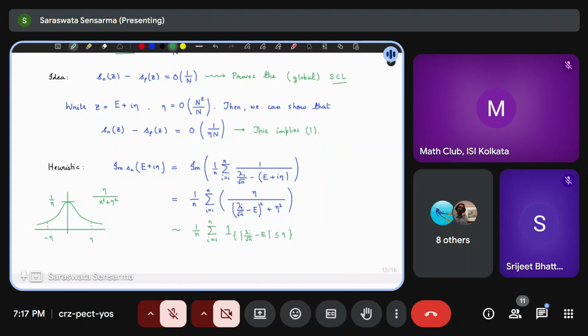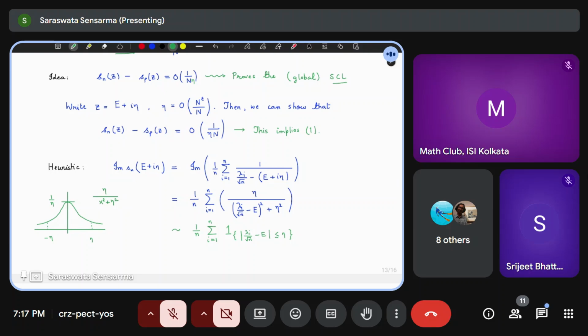We said that s_n(z) minus s, the Stieltjes transforms, this gap is like 1 over n. However, if you write out z completely, this O of 1 over n is not exactly correct. So this should actually be, if z is E plus i eta, 1 over n eta. This is the standard way of writing z.